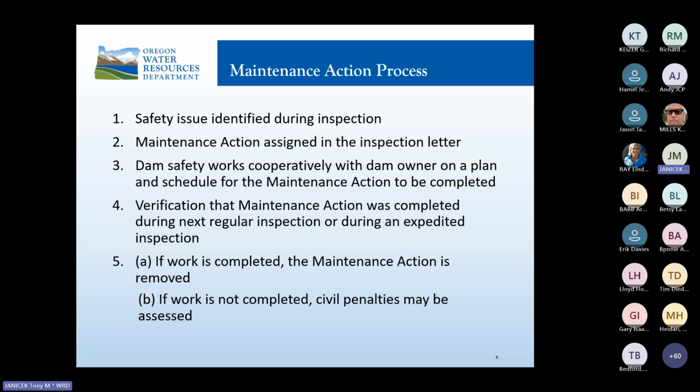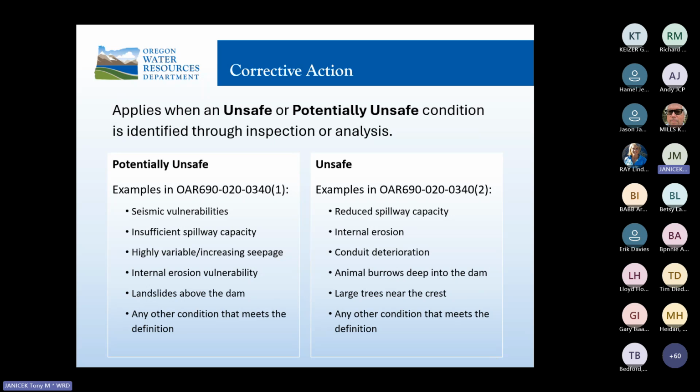And once it's completed, we would verify that, and typically that would be during the next regular inspection, but could be during an expedited inspection. And if the work is completed, the maintenance action is removed. If it's not completed and the dam owner is unwilling to address the required maintenance action, civil penalties may be assessed.